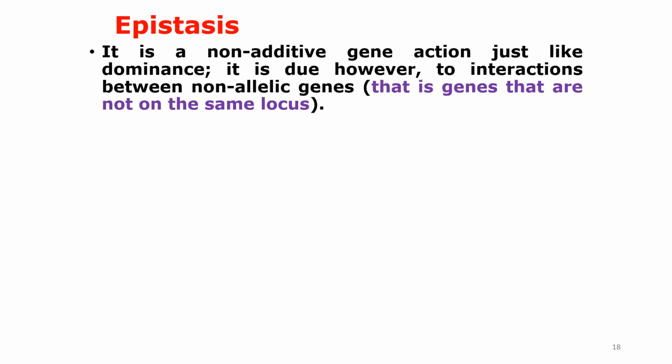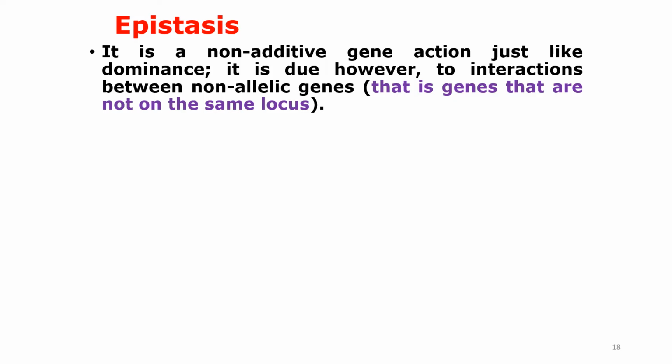The next gene action is known as epistasis. And this is a non-additive gene action. Just like dominance, it is not transferable to the offspring. And this is due to interactions between genes that are non-allelic, that is, genes that are not found on the same gene locus.